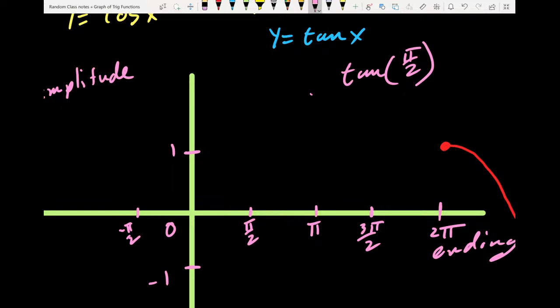What'd you get, Alexis? No, you shouldn't get that. What's happening? What's cosine of pi over 2? 0. So it should be undefined. Oh, your calculator is in degree mode. Make sure your calculator is in radian mode.